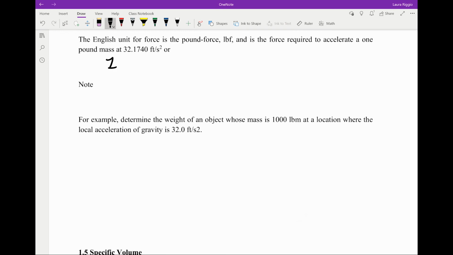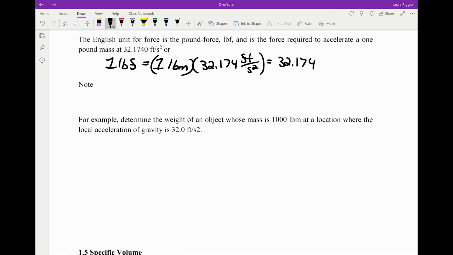So 1 pound force is equal to 1 pound mass times 32.174 feet per second squared, which is 32.174 pound mass feet per second squared.